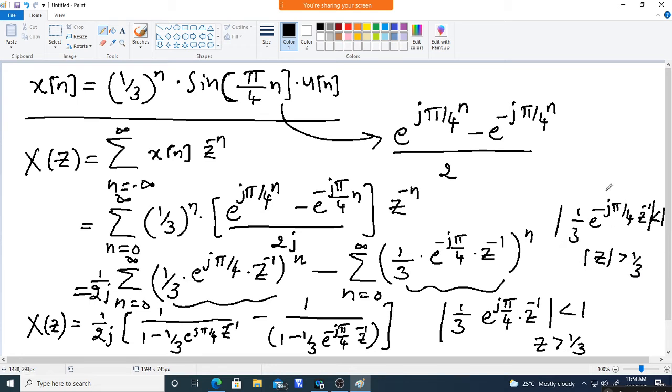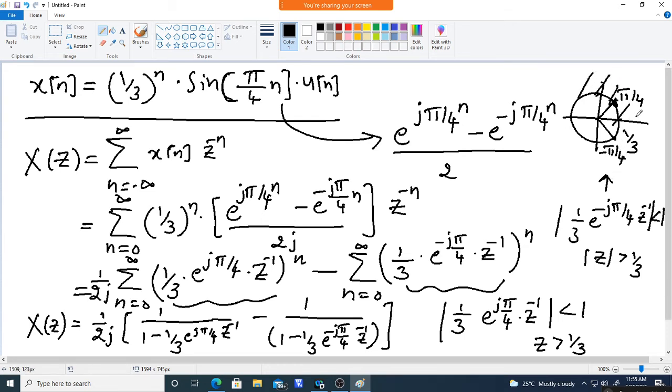One pole will be at minus pi by 4 and the other at plus pi by 4. If I draw the ROC, the poles have a magnitude, or radius, of 1 by 3, one at plus pi by 4 and another at minus pi by 4.